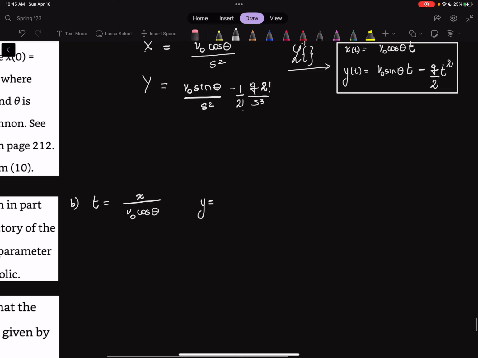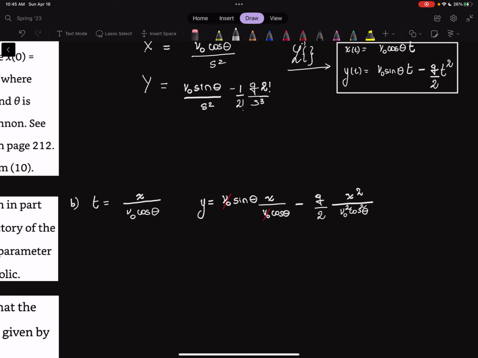So y is now going to be v naught times the sine of theta times x over v naught times the cosine of theta, minus g over 2 times x over v naught times the cosine of theta, and that's going to be squared. So what are we going to have here? Well, the v naught here cancels.